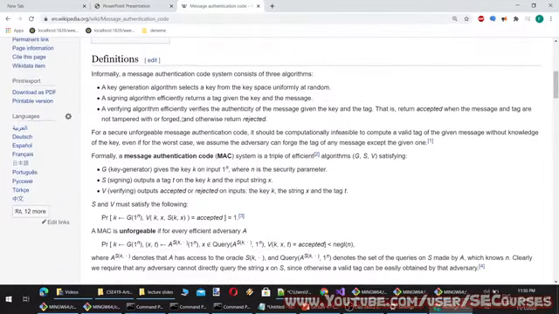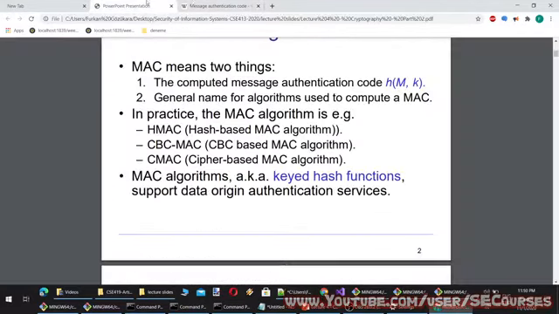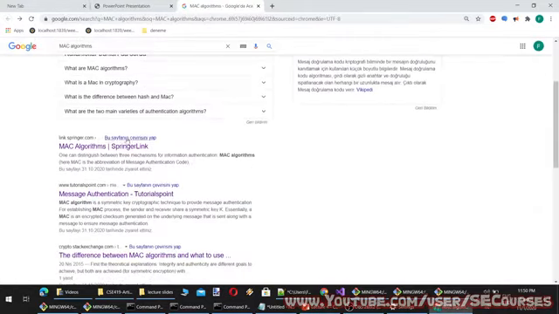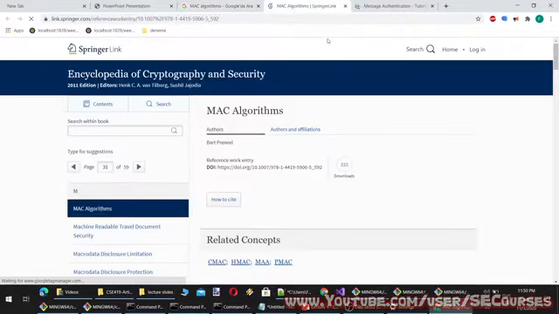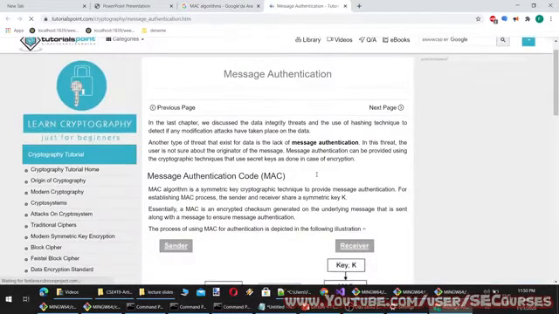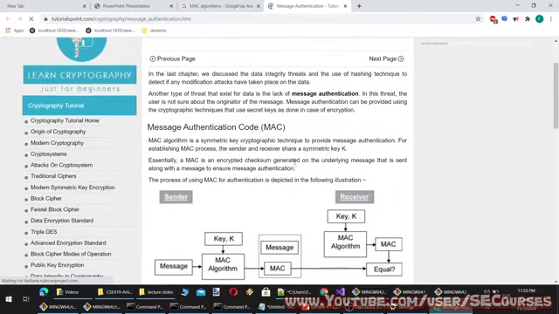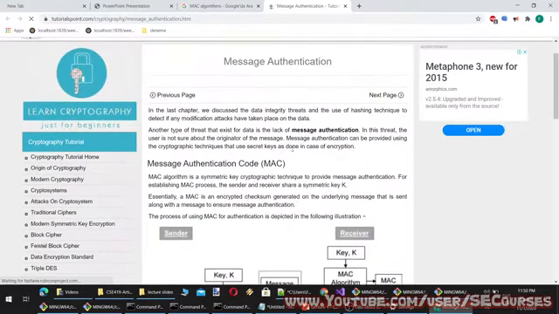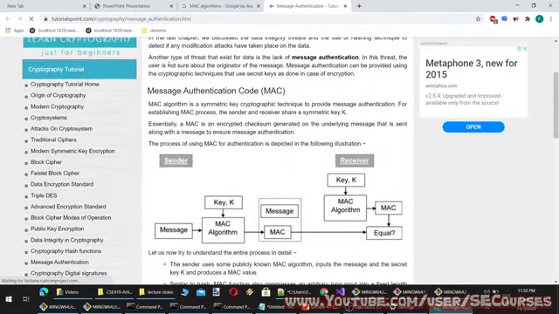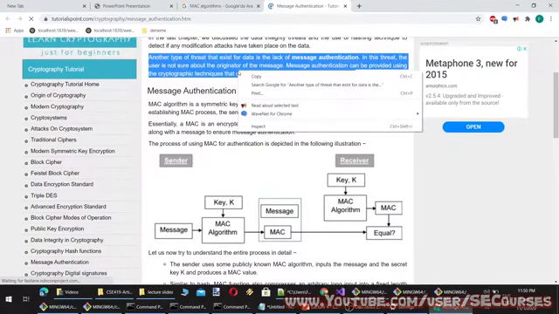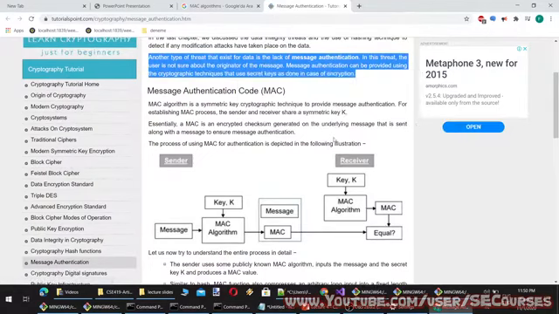Let's get some more information from other pages. Okay, this was a good page to explain it. Another type of threat that exists for data is the lack of message authentication. In this threat, the user is not sure about the originator of the message.